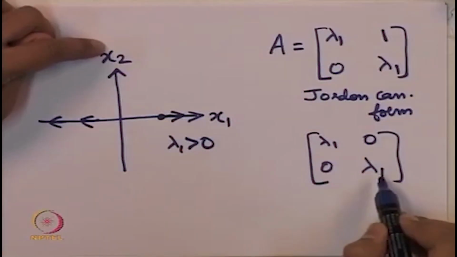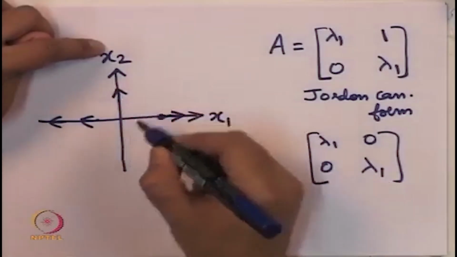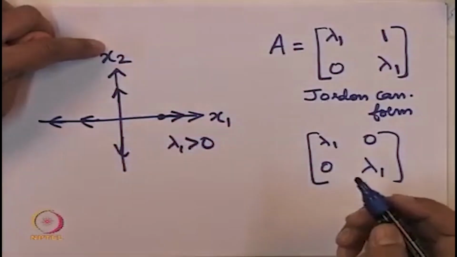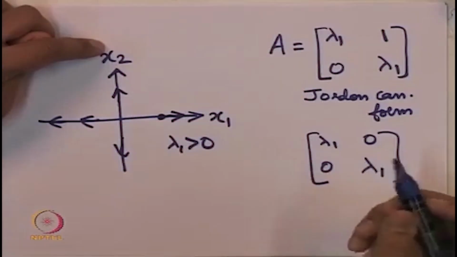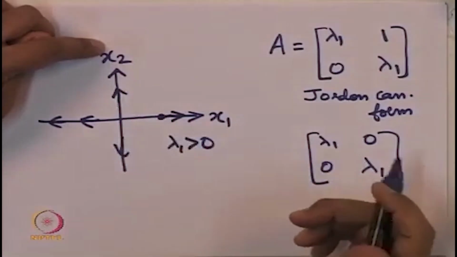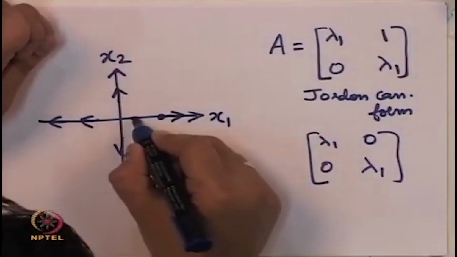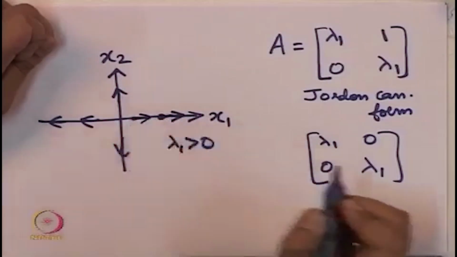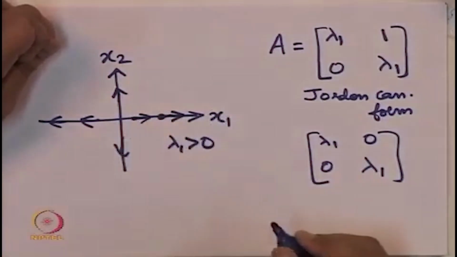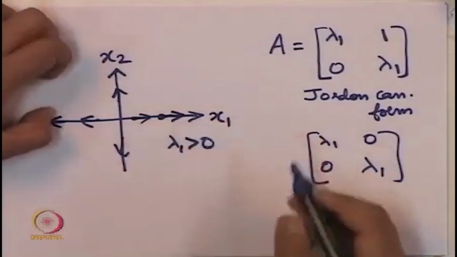The x2 direction is also an eigenvector, and because lambda 1 was positive, it is again directed away from the origin. So we see that the eigenvectors are the invariant directions. What is invariant about it? If the point starts along an eigenvector, because the arrow is also directed along the eigenvector, we continue in that direction. There is no tendency to move out of an eigenvector.